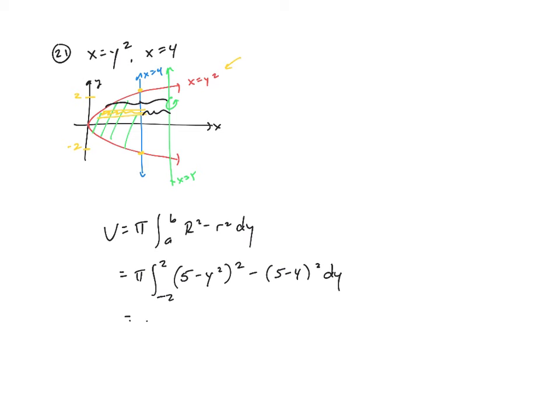I'm going to simplify this. This is just 1. And we're going to put that in our calculator, and we should get 832 pi over 15.